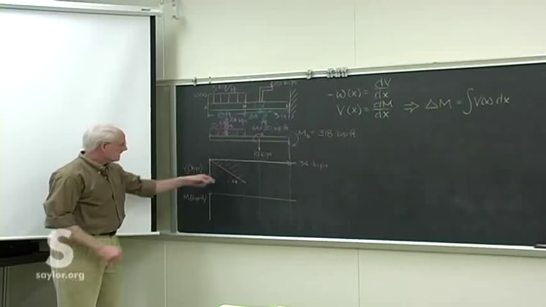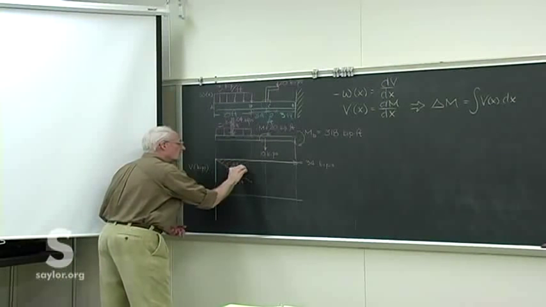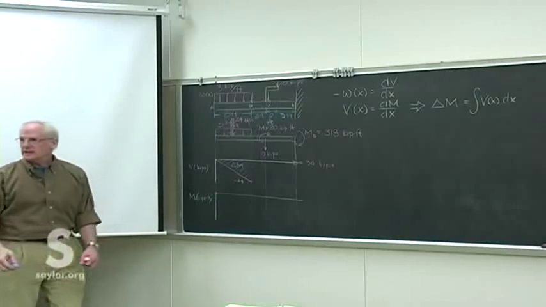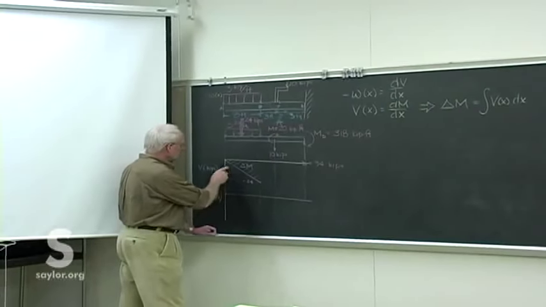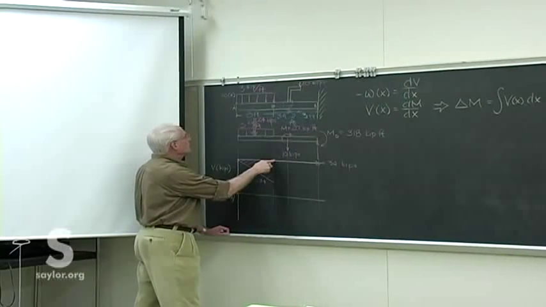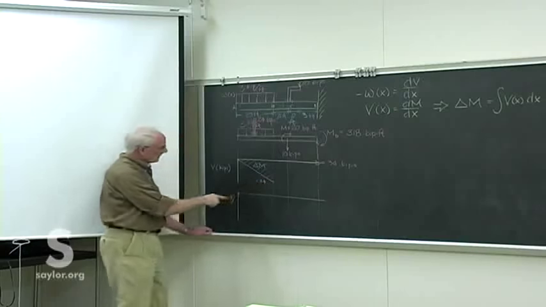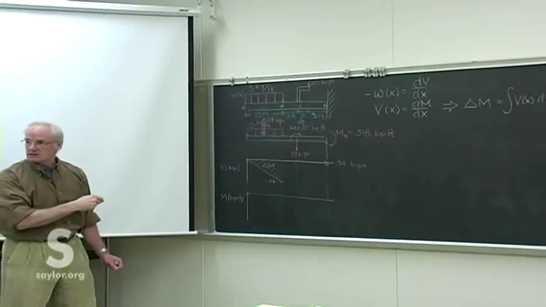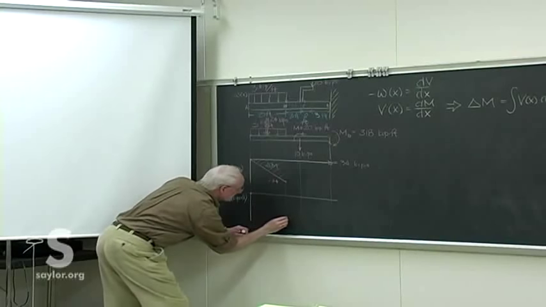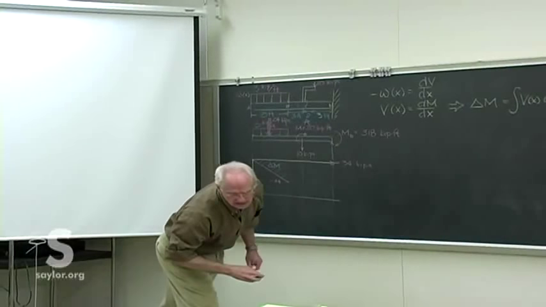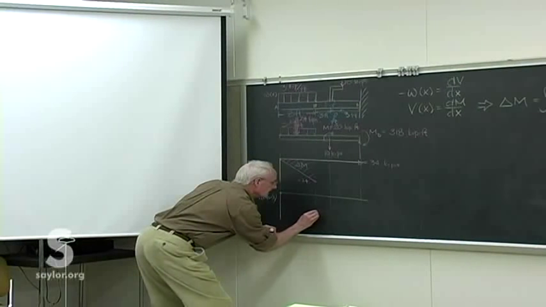So the area under the shear curve will tell us where the last point is, and then we can sketch in a parabola once we have that. 1/2 the base, which is 4 times 24. What's 4 times 24? Is that 96? So we know we go down to a minus 96. Let me leave myself enough room. We're going to have to go a little bit deeper later.